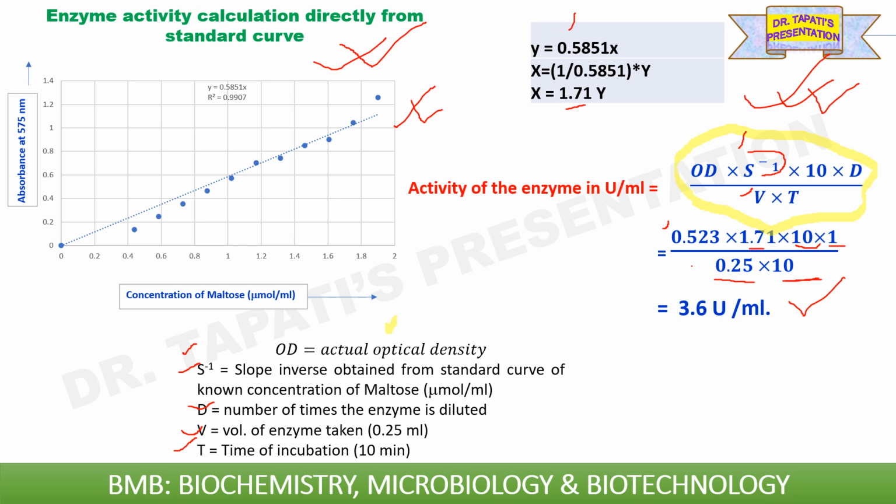In this case, I have taken arbitrary values for absorbance and arbitrary values for concentration of maltose in micromole per ml, in order to make you understand how to calculate enzyme activity directly from the standard curve. You may get separate data.